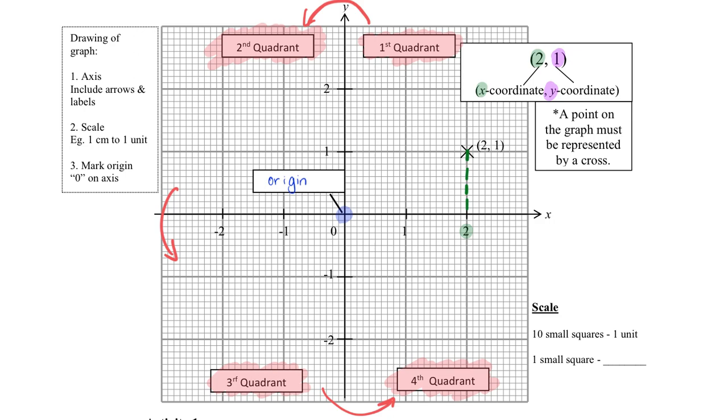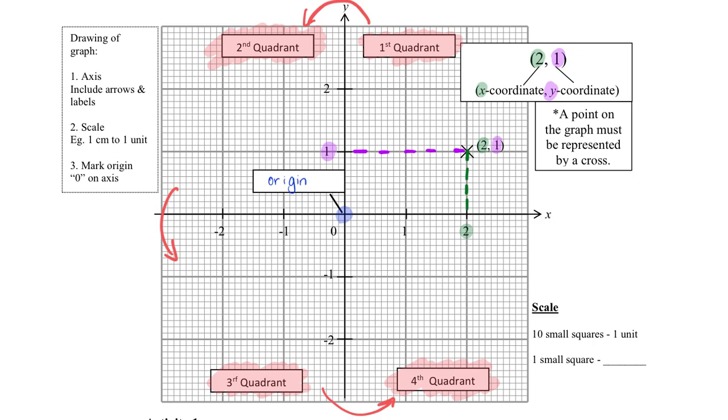That's what it literally means at the point 2. And for the y, if I draw a dotted line across, it will point towards y equals 1. And therefore, we call this point x is 2, y is 1. And that's how we read coordinates for a point. And we mark it with a cross.